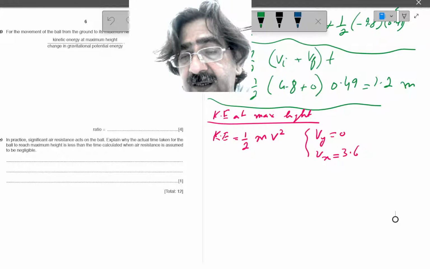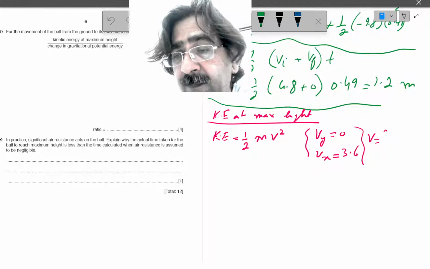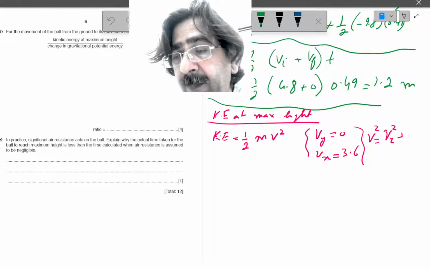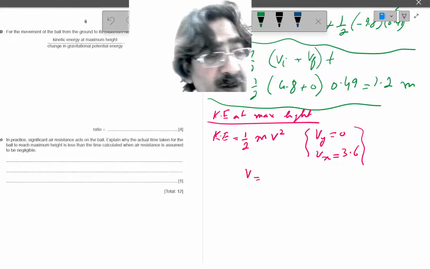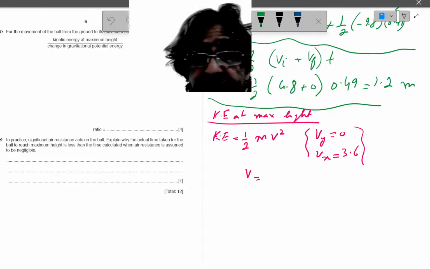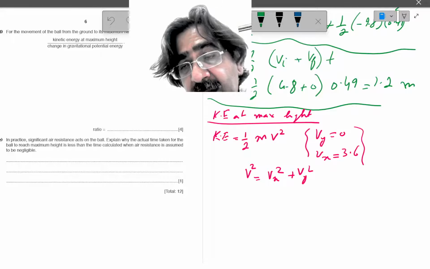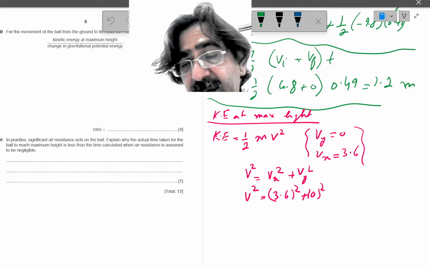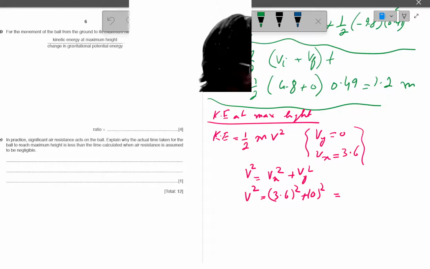So this implies that v square is equal to vx square plus vy square. That will be 3.6 square plus 0 square.